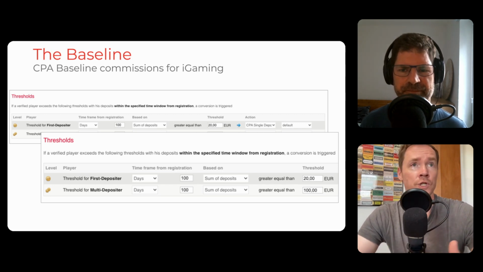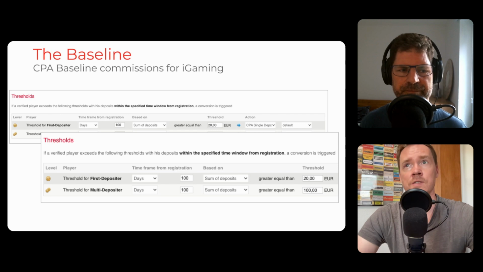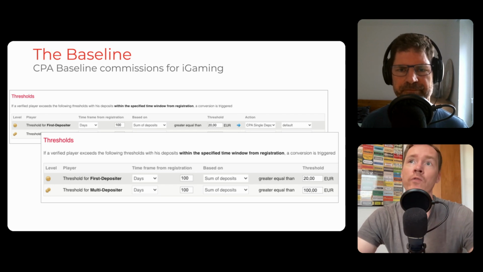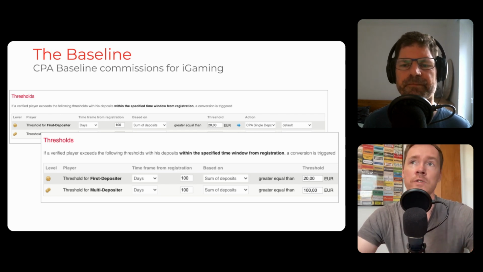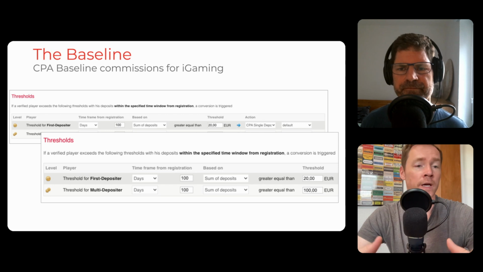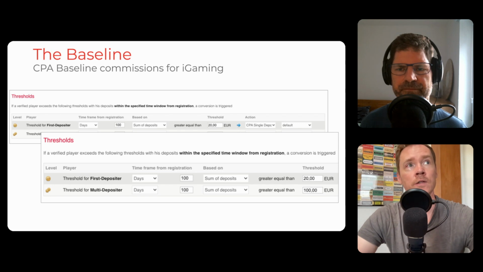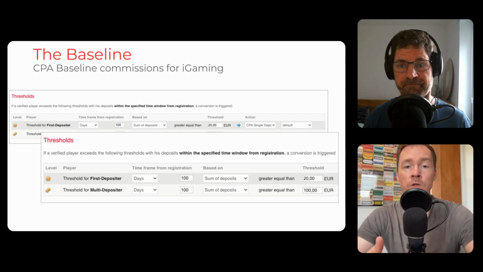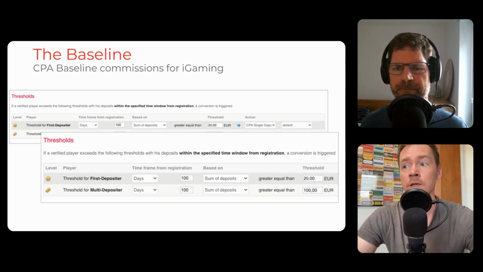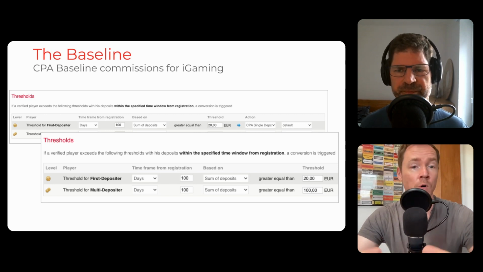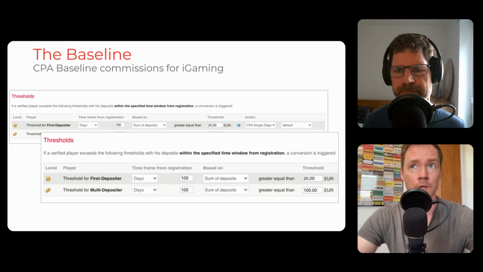With this new feature, you can reflect this behavior in two kinds of buckets or thresholds. Imagine you can determine your players by first depositor and multi-depositor, and you can give commission differently for these two kinds of groups. In order to define these groups, we brought this new model to the commission model.